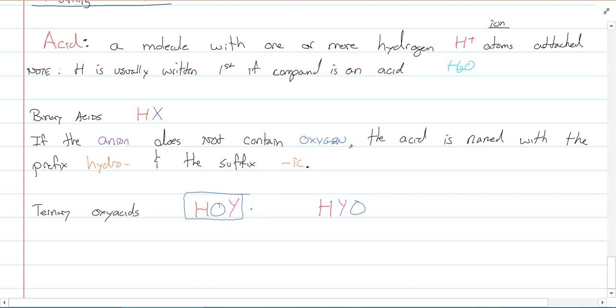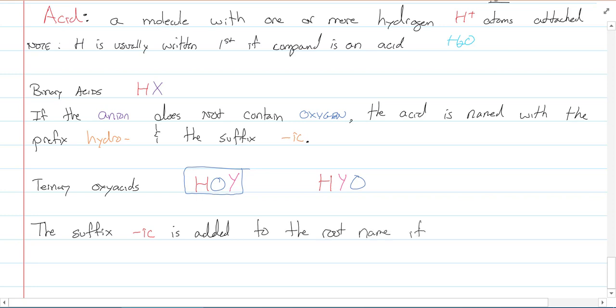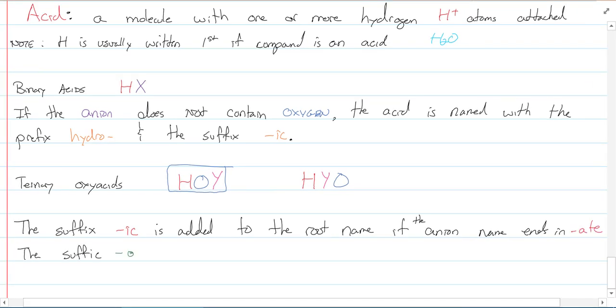That's good to know for the future. There are two scenarios. The suffix ic is added to the root name if the anion name ends in ate. The suffix ous is added to the root name if the anion name ends in ite.